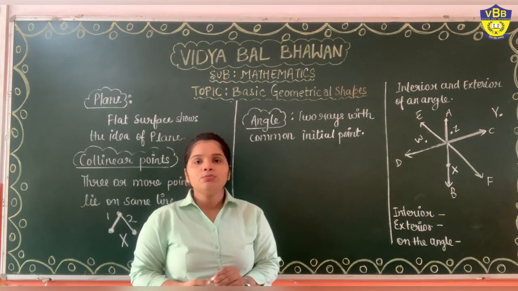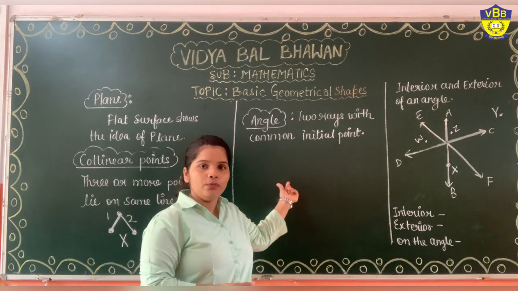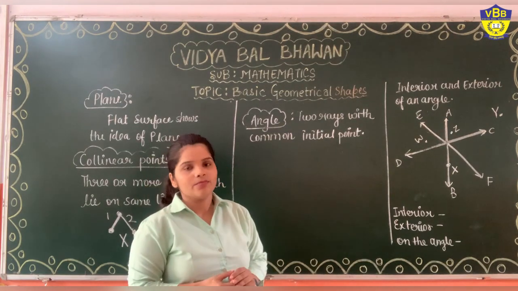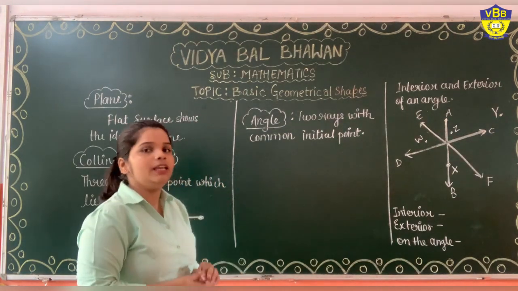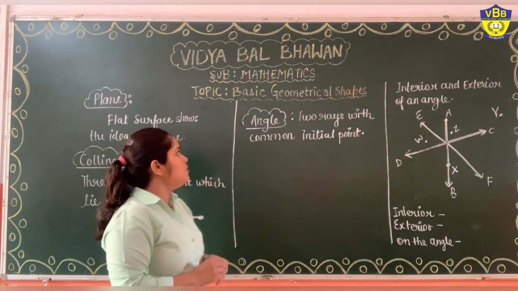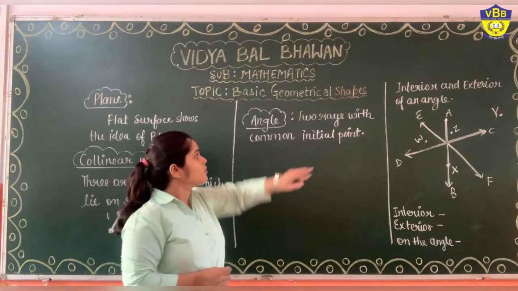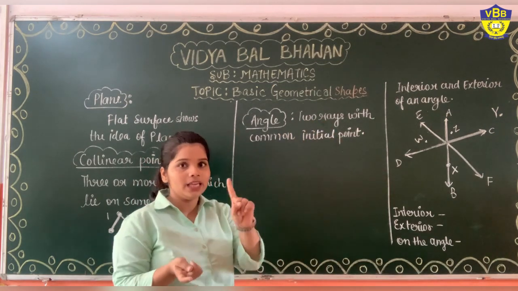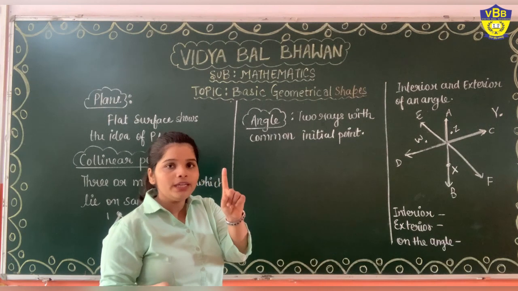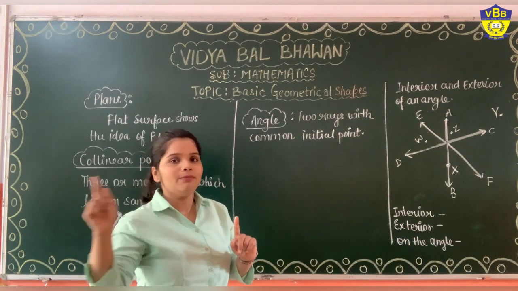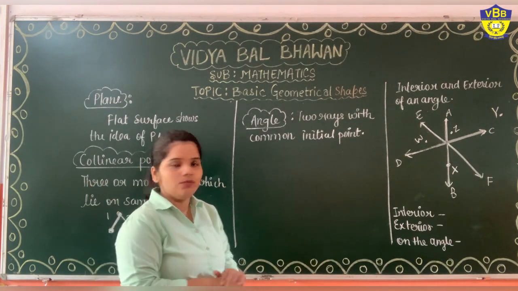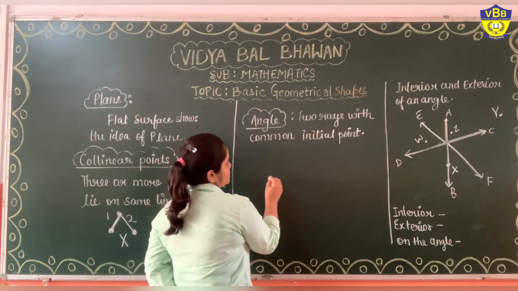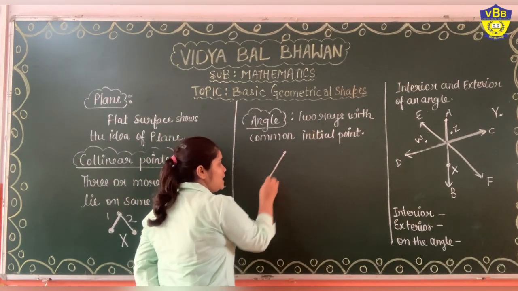Okay. Let's move to our next important point, that is angle. Angle is basically important. So what are angles? Two rays. We have discussed what rays are. Rays have one end point and from the other side they can be extended as much as we want. So, two rays. I have made the first ray here.